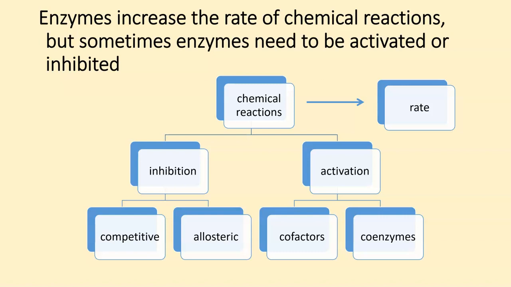That's what this is showing. At the top, we just talked about how enzymes speed up the rate of chemical reactions and what can affect their rates. Now, let's drop down to look at the different types of enzymes, those that are inhibitory and those that need to be activated. Then we'll talk about the subtypes of those and look at some examples.